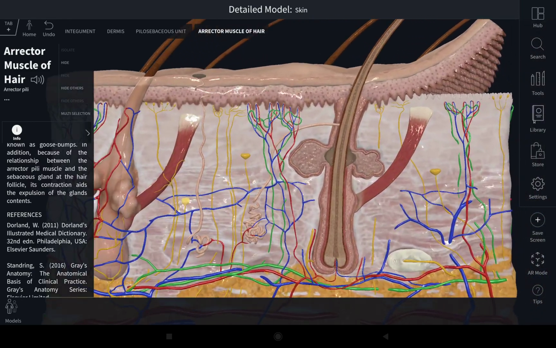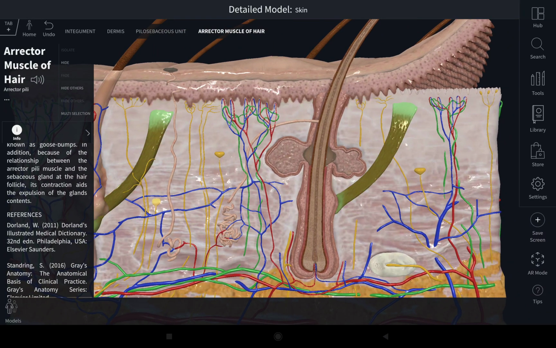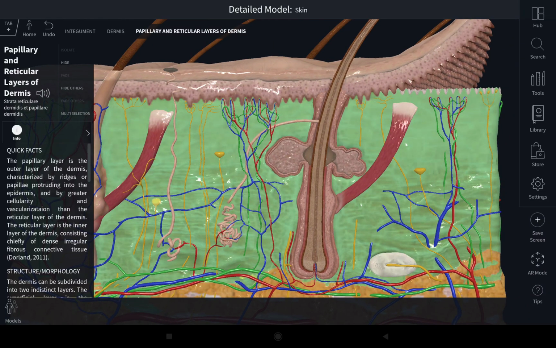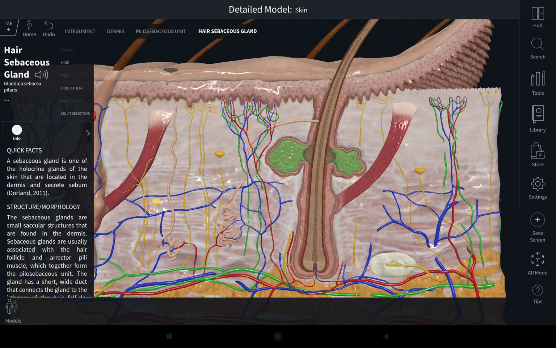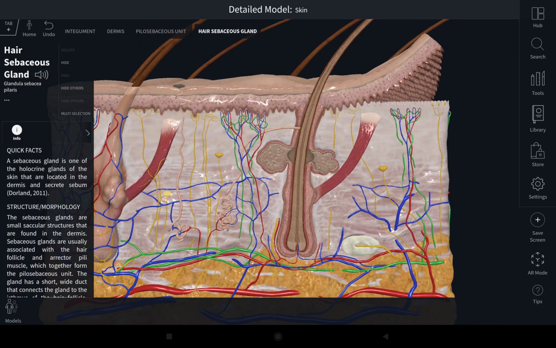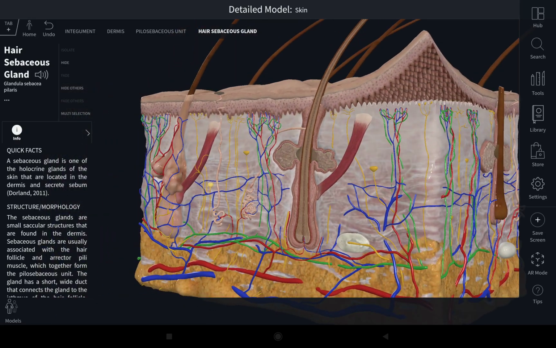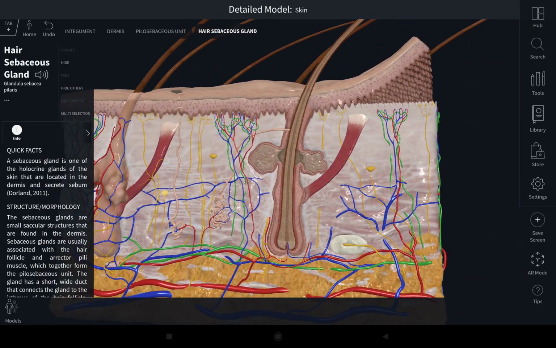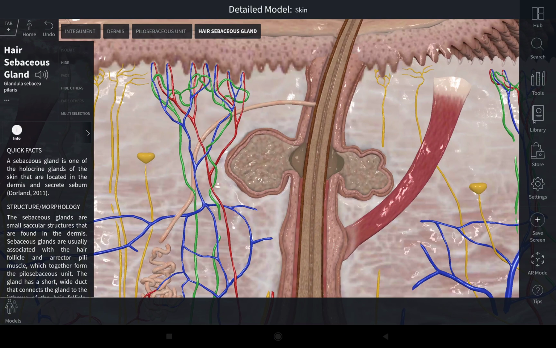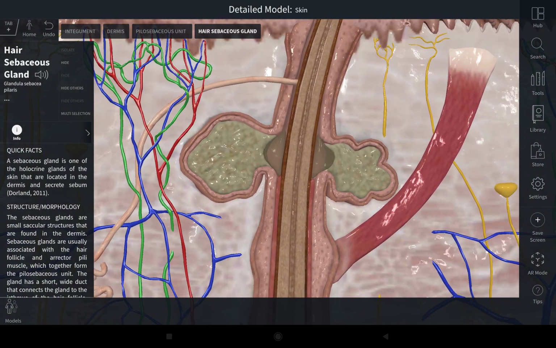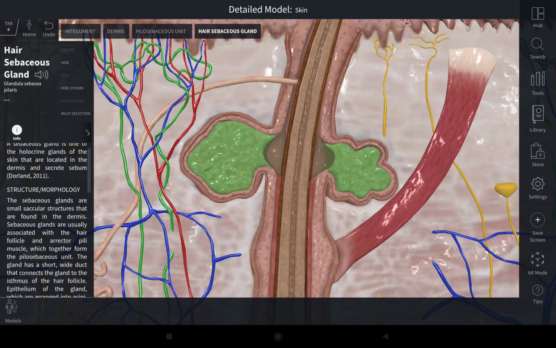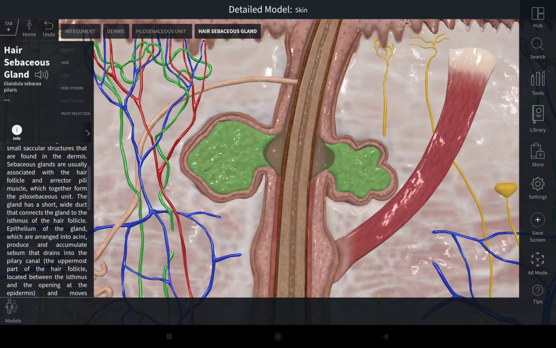Now, another structure we see in the papillary and reticular layers of dermis is the sebaceous gland. A sebaceous gland is one of the holocrine glands of the skin that are located in the dermis and secrete sebum. This is the sebaceous gland. The sebaceous glands are small saccular structures that are found in the dermis.